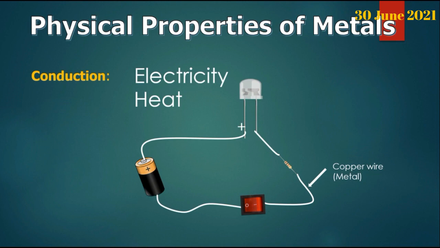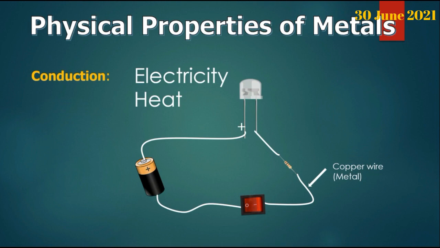Right? And in the circuit, what you see now on the screen is a circuit, and in the circuit, remember that whenever you use LED, then you have to connect positive of the battery to the positive terminal of the LED, and the negative terminal of the battery will go to the negative terminal of the LED.